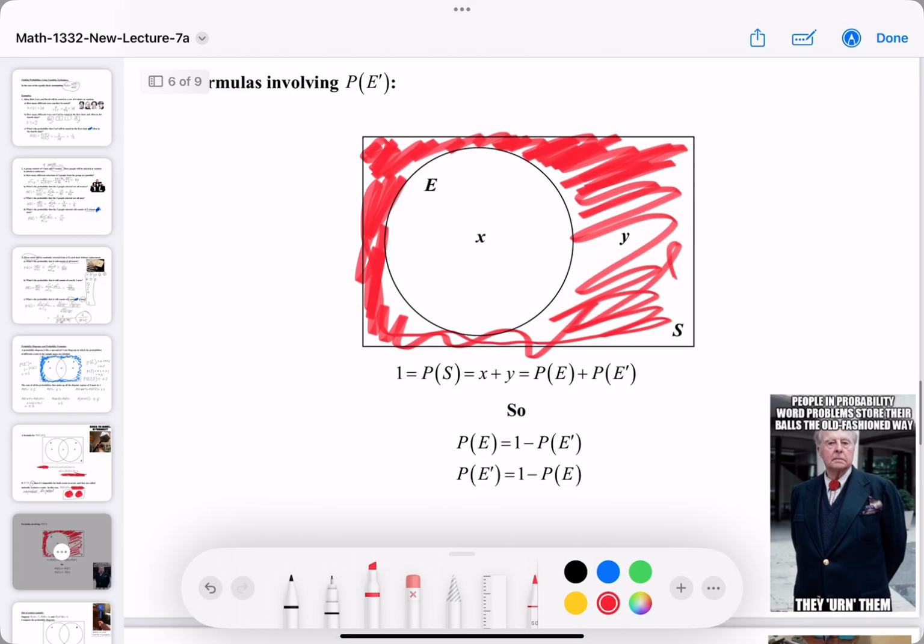So 1 equals P of S, the probability of the sample space, equals the X part plus Y part. And the X represents P of E, and P of E prime is the shaded area. The sum of these two will make a 1. So if I'm isolating P of E, it is 1 minus P of E prime. If I'm isolating P of E prime, it is 1 minus P of E.